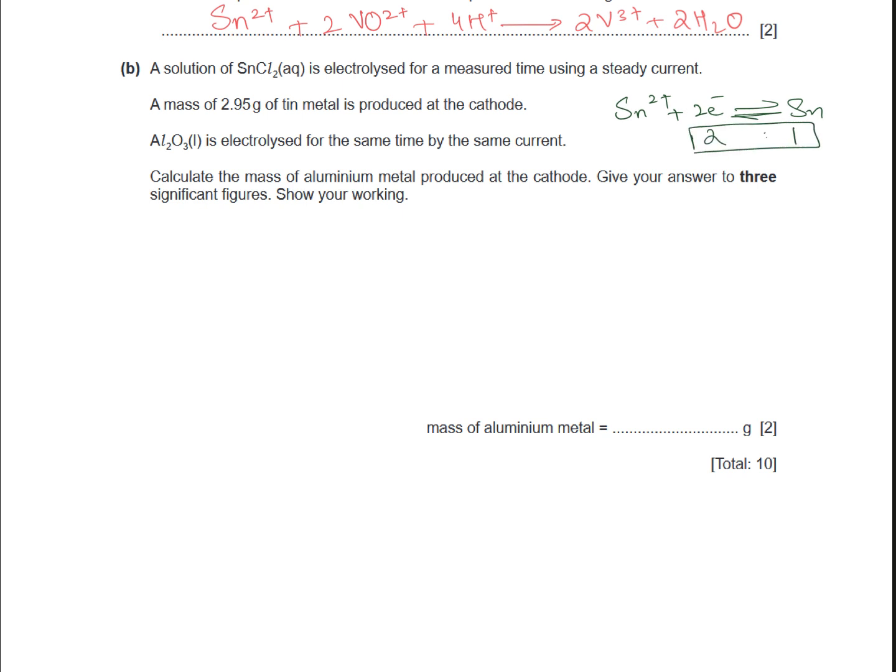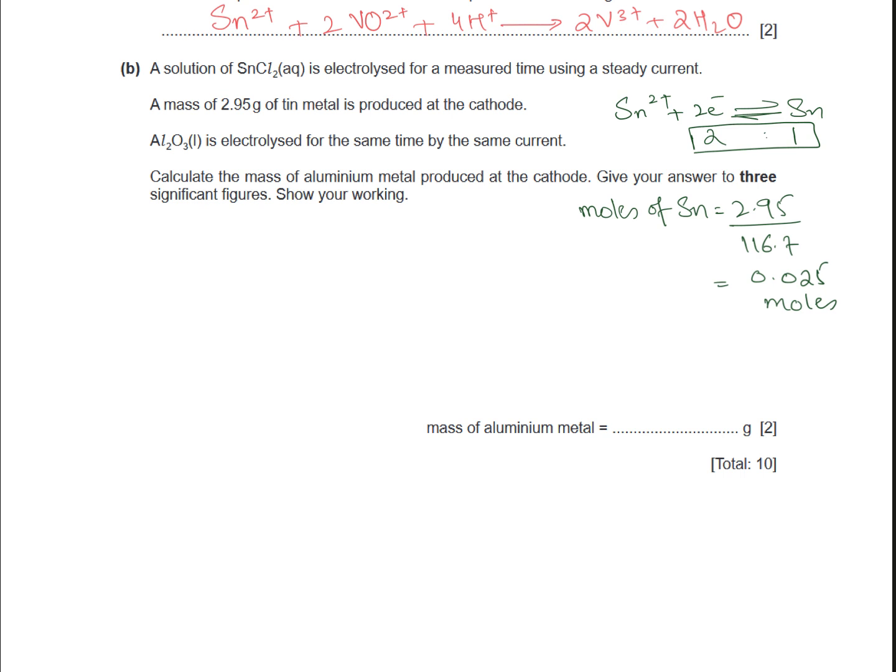Okay, so we have 2.95 grams. So we are going to start off with moles of Sn, and the Ar of tin is 118.7, so 2.95 over 118.7, which gives me 0.025 moles of tin.